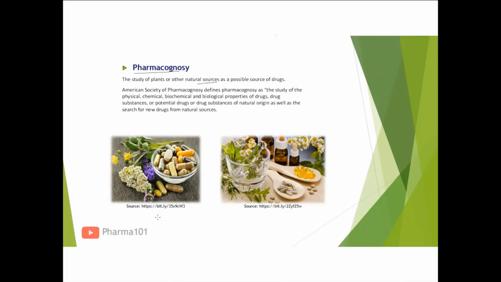So when we isolate these drugs from natural resources, we study their physical, chemical, biochemical, and biological properties. We study their effects in the body, and then we look for other drugs that can be obtained from natural resources. The study of this entire process, the isolation of drugs from the natural resources, the tests that are involved in studying the properties of these drugs, they all come under pharmacognosy.